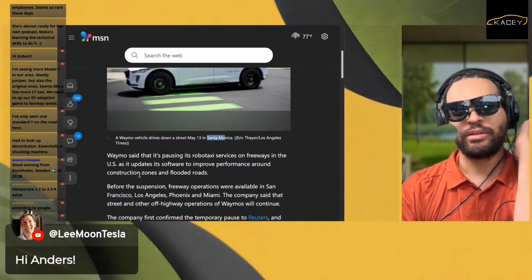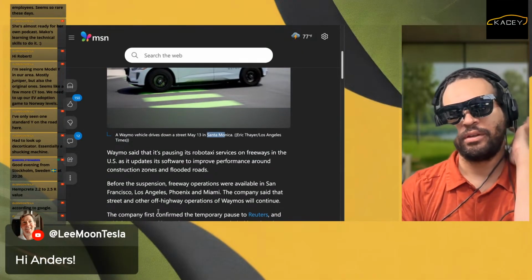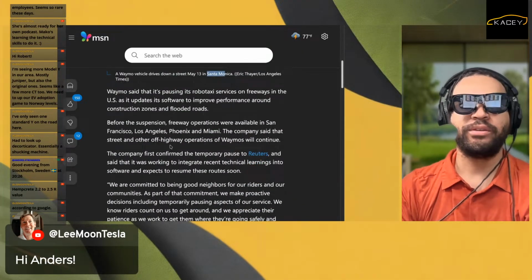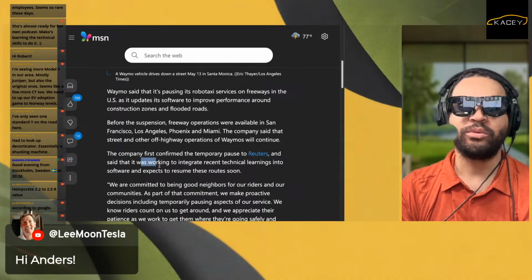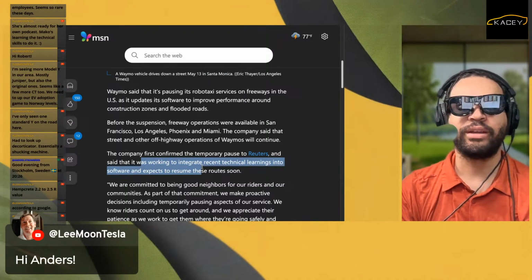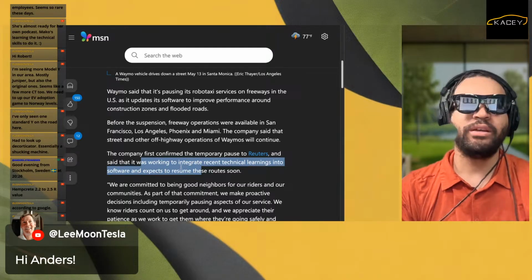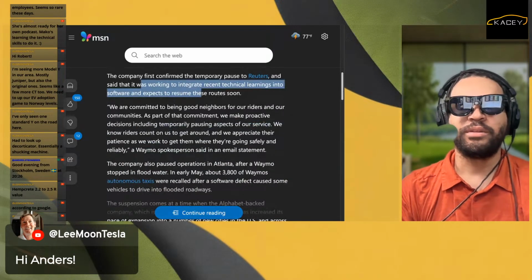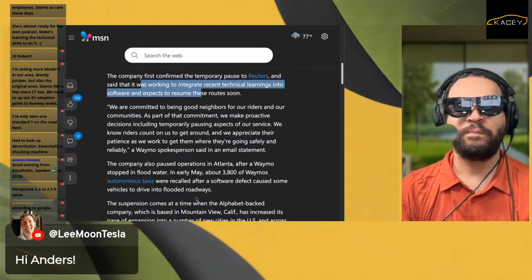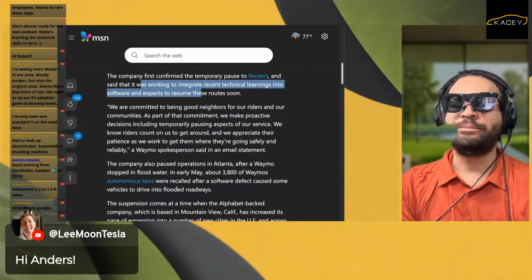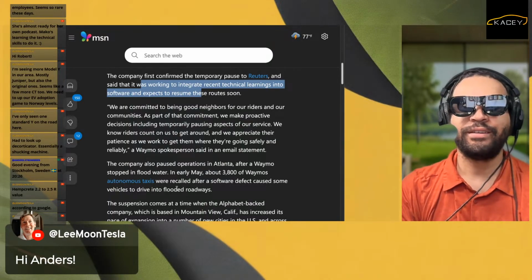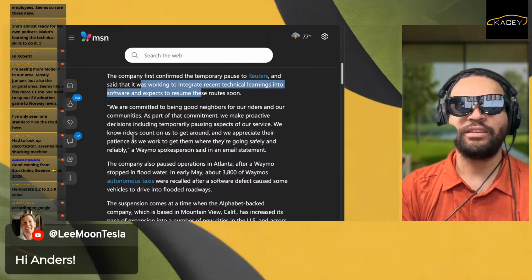Waymo said it's pausing its robotaxi services as it updates. Blah, blah. The company first confirmed its temporary pause to Reuters and said that it was working to integrate recent technical learnings into software and expects to resume routes soon. So I'm guessing they made either a mistake and fixed it, or they found something they didn't want to see.